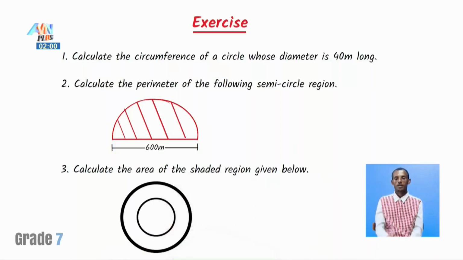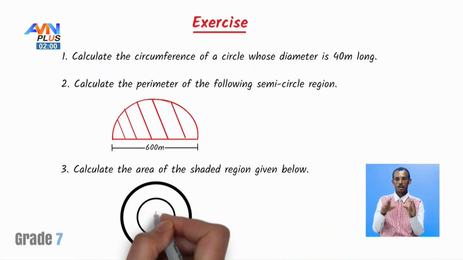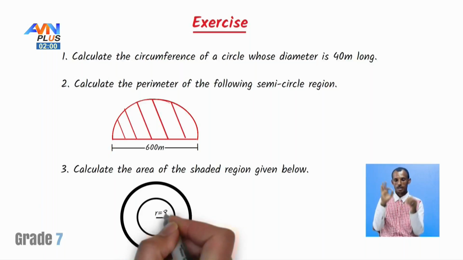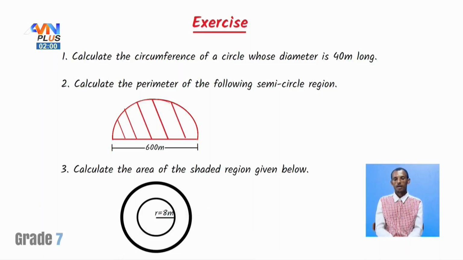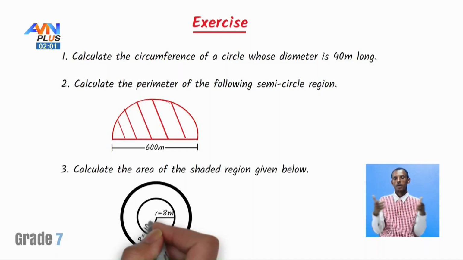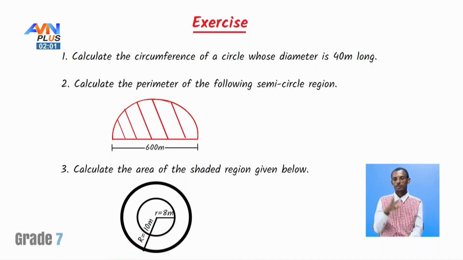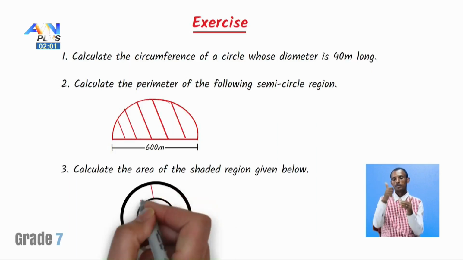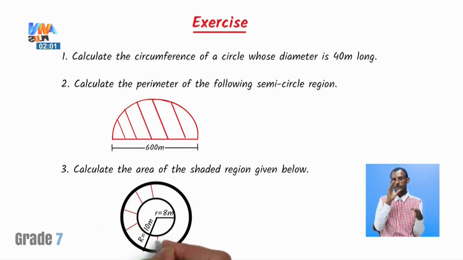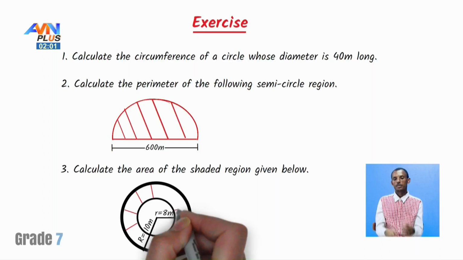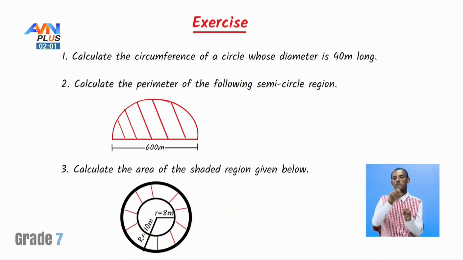The radius of the smaller circle is given to be 8 meters, and the radius of the bigger circle is 10 meters, and the shaded region is this one. So you are asked to calculate the area of the shaded region.